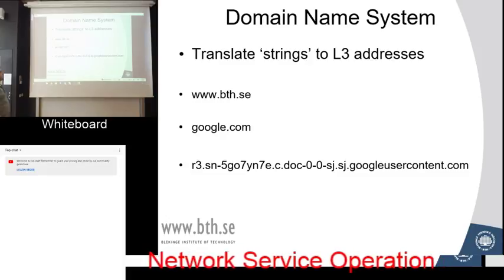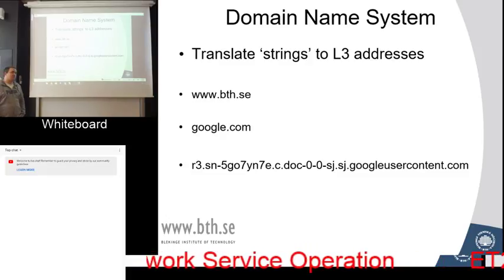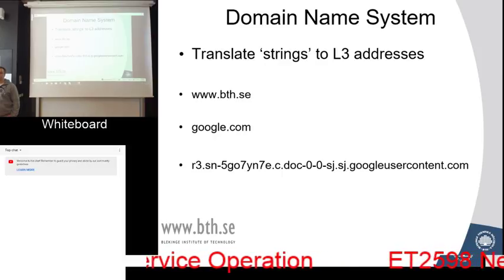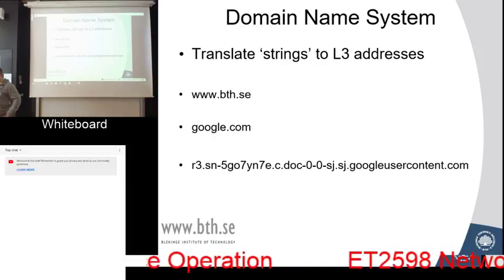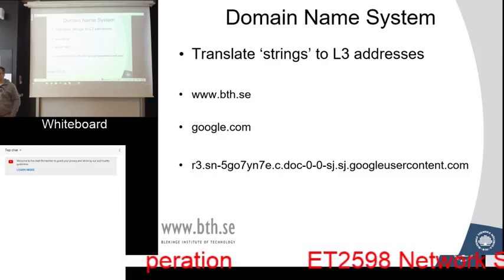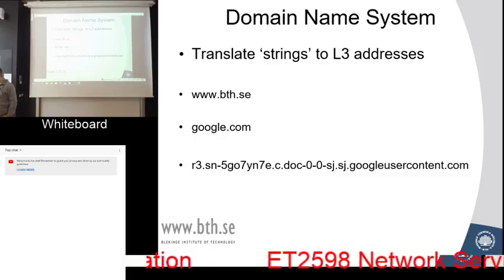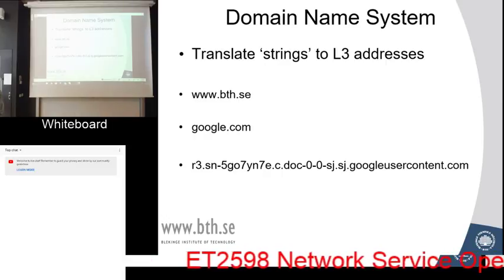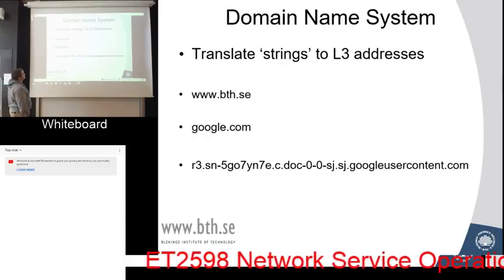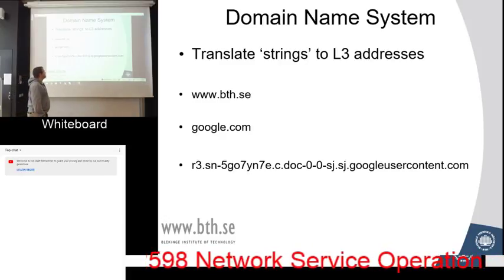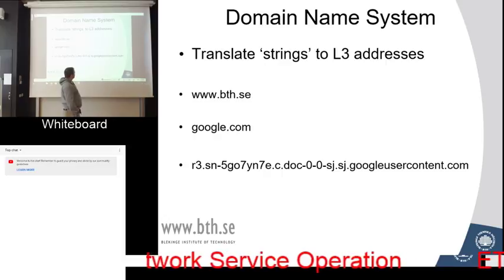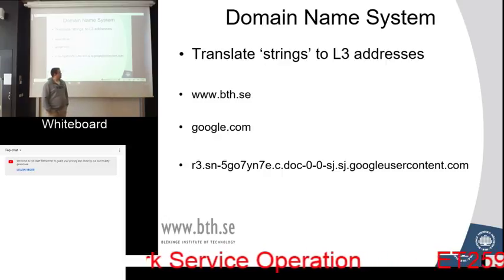The aim of DNS is to simplify the translation of strings to layer 3 addresses. For instance, www.bth.se, google.com, or r.sn-5go7yn7e.c, doc-000-sj google user content.com.